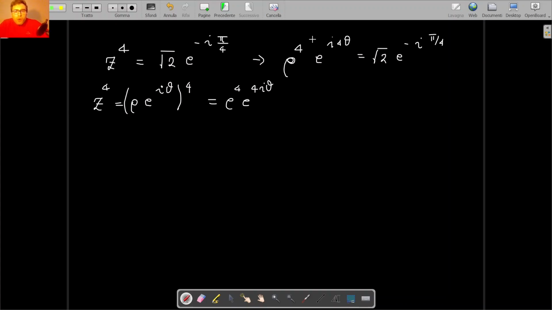Then again we have to equate the moduli, rho to the 4th power with square root of 2, and we have to equate the arguments of the exponentials. We also have a minus here. Then rho to the 4th power must be equal to square root of 2.